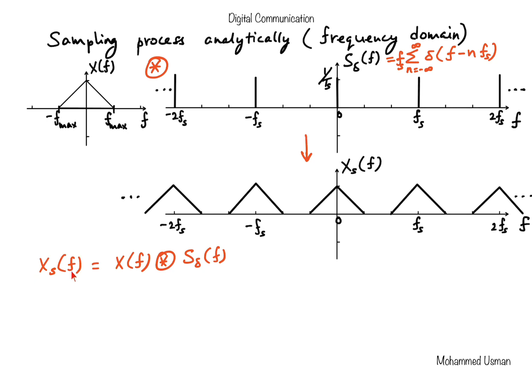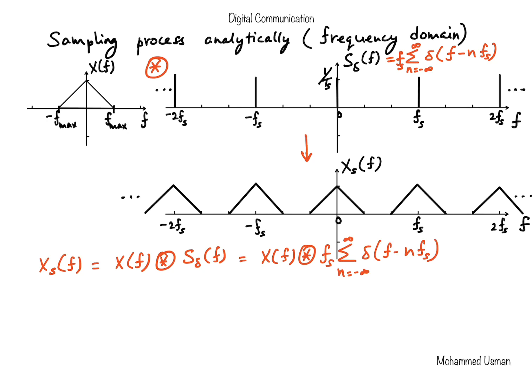So the spectrum of the sampled signal is obtained by convolving the spectrum of the original signal with the spectrum of the sampling function, which is equal to x of f convolved with fs times summation delta of f minus n times fs, where n goes from minus infinity to plus infinity.